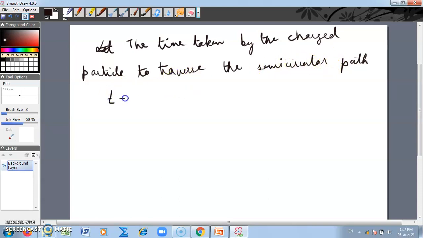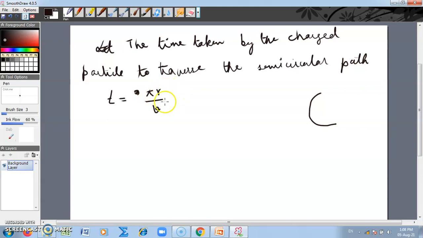This t is equal to what? It definitely has to be, since it's a semicircular path, half the circumference, so it will be pi r divided by the velocity of the particle, like this.